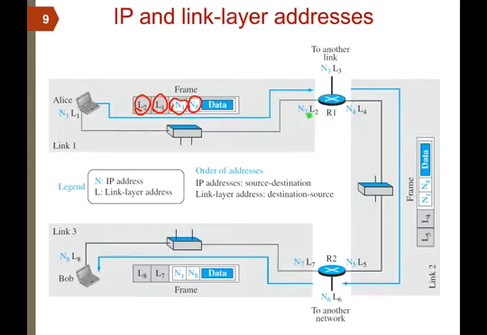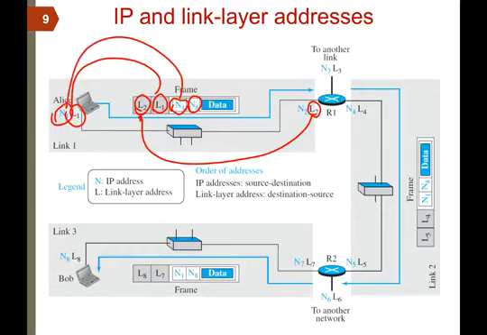So N2 is the link layer address of this node, and L1 is the link layer address of this node, and we have N1, the network address of this node, and N8, look, this is N8, not N4.